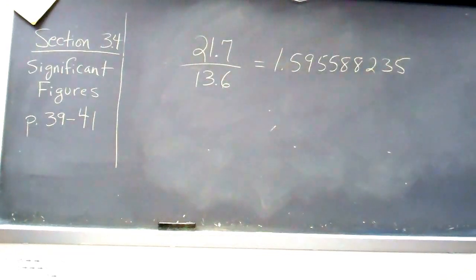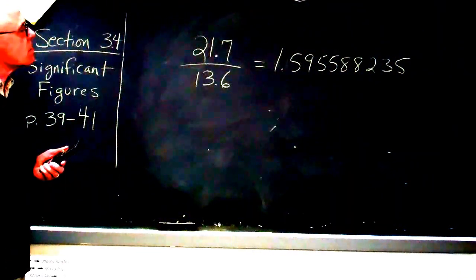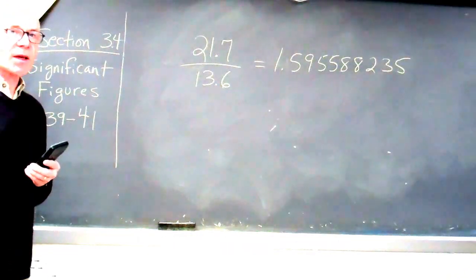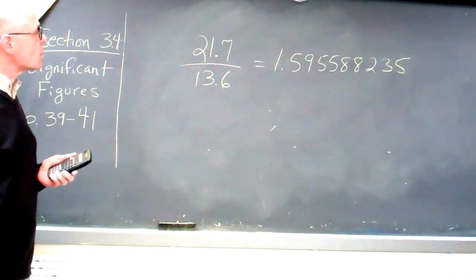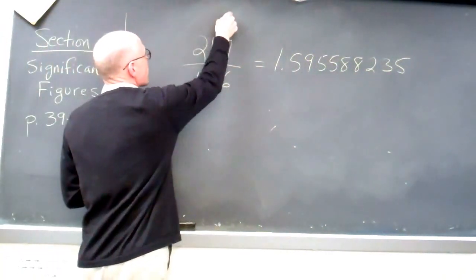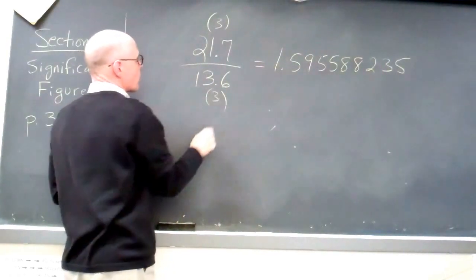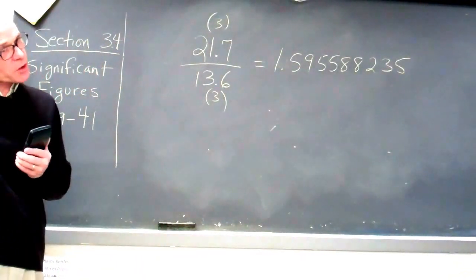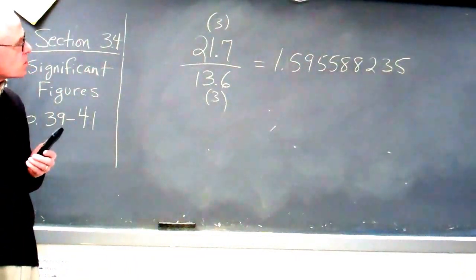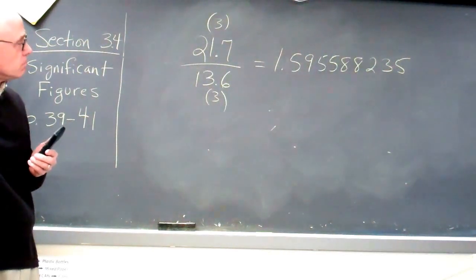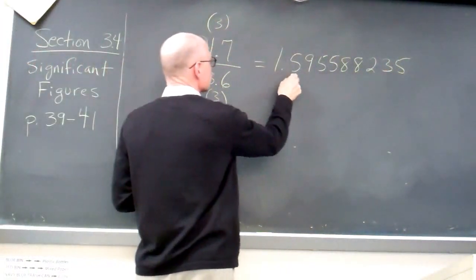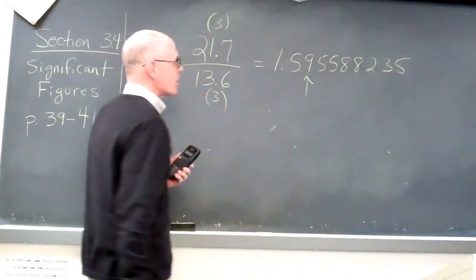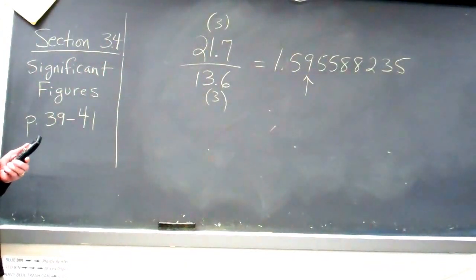Alright, so here is the answer reported by the calculator. So each of these numbers has 3 significant figures, so we want to express the answer to 3 significant figures. So we're going to be rounding the 3rd number over.